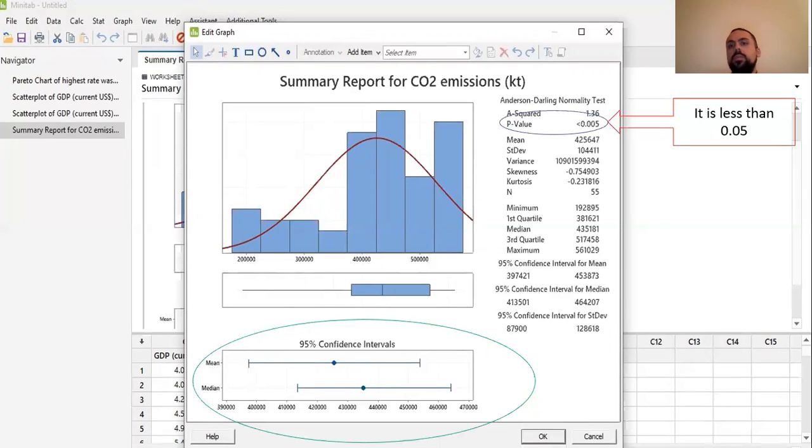Firstly, to receive some information such as mean, standard deviation, median, and also to know whether our data follow a normal pattern or not. So guys, today we talked about these two issues: the second part of the Pareto chart and the first part of the graphical analysis.